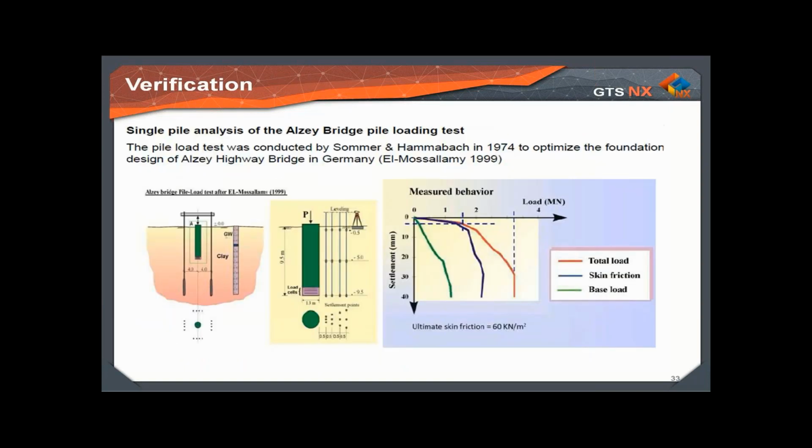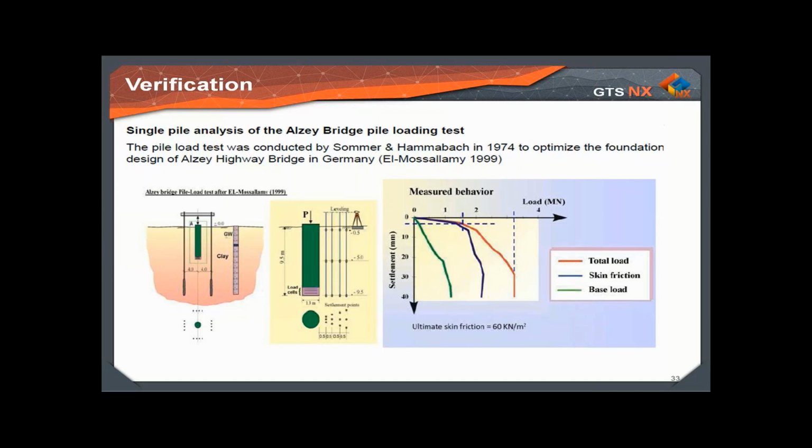We did a validation for this when it was introduced to GTS NX, and we tried to resimulate one of the examples where there has been extensive monitoring, a pile of one of the highway bridges in Germany, presented by El Mossallamy in 1999. It shows the full pile load deformation behavior, the total load, skin friction, and the base load.